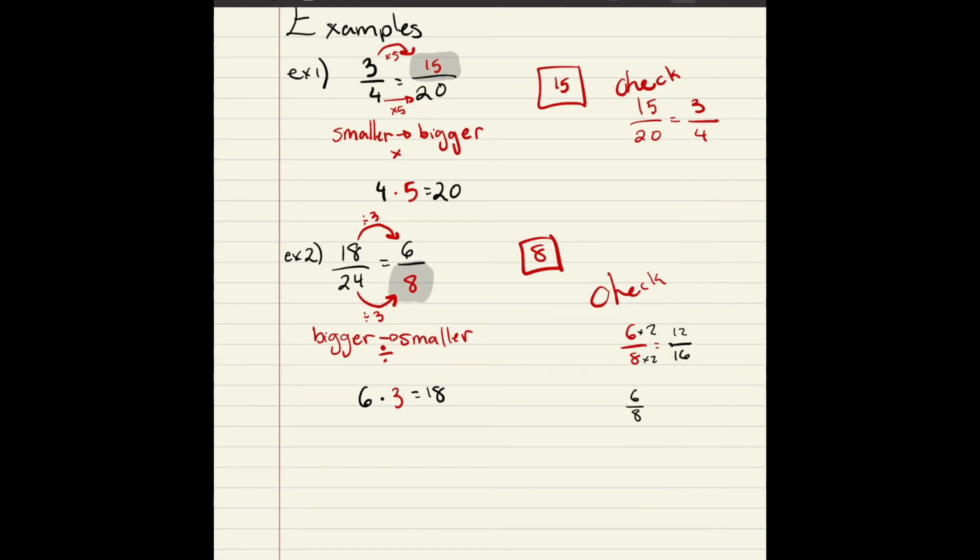And then if I multiplied 6 over 8 by 3 and 3, it would give us 18 over 24. So they're equivalent ratios. These are all equal, all equivalent. But our final answer is 8.